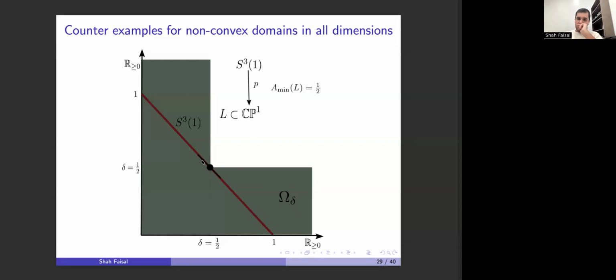So this black line is representing the lift of L. Now this is an extremal torus, but it hits the interior of this toric domain. So it's not completely on the boundary of this non-disjoint union, which corresponds to this. And so the conjecture that every extremal Lagrangian torus in a non-convex toric domain lies on the boundary is not true. And this is a counterexample.